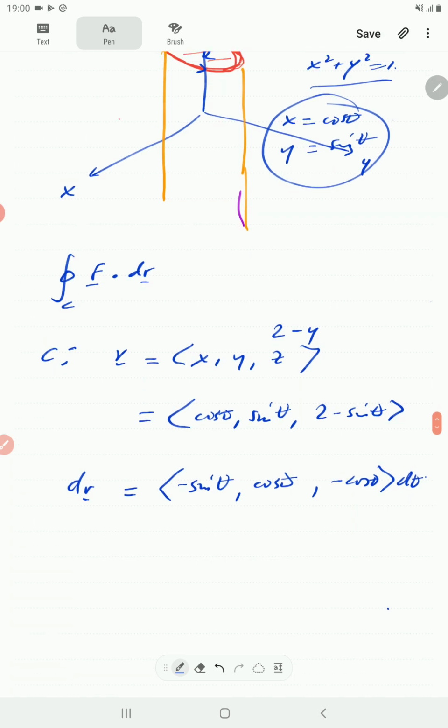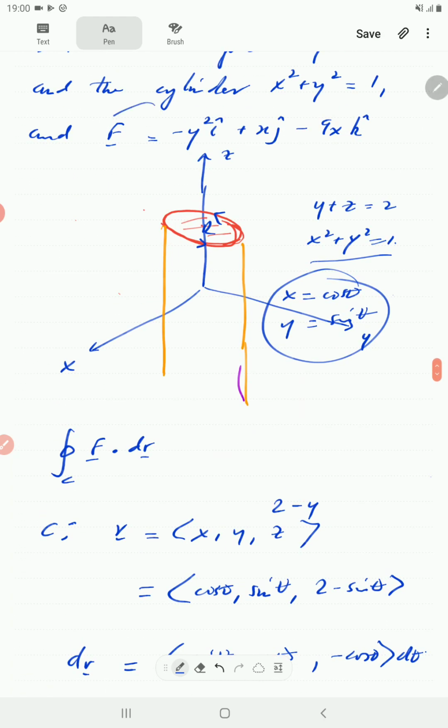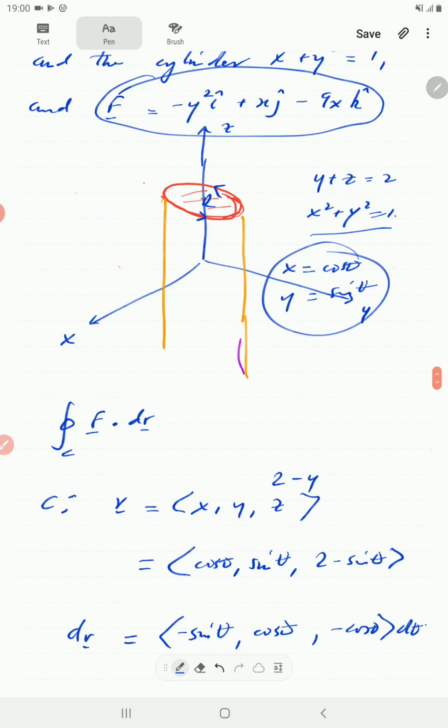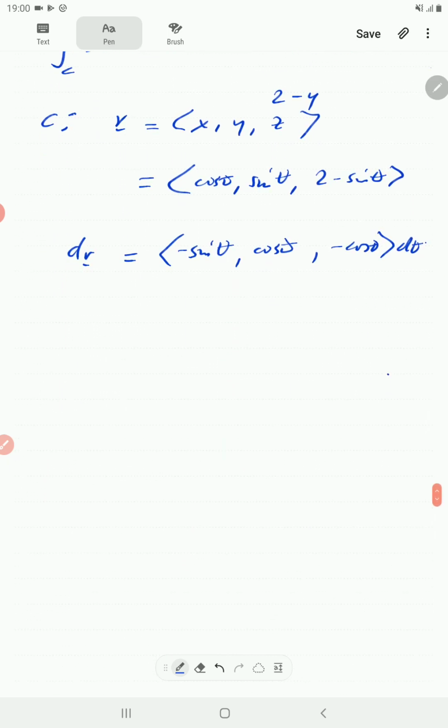Then the next thing we're going to need is to write the force field in terms of the parametric coordinates. So y squared is going to be sine squared, and that is cosine, that is going to be minus 9 cosine.